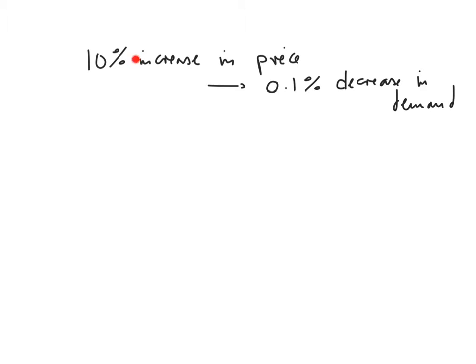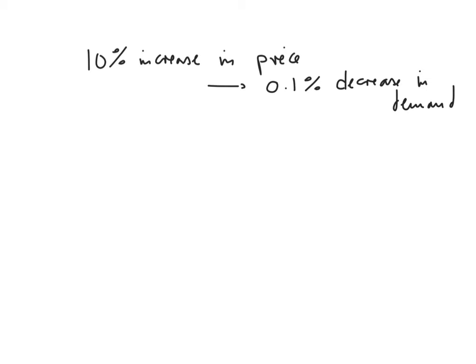Correspondingly, if you decrease price by 10%, you don't get much out of it in terms of revenue because you don't increase demand accordingly. So if you decrease price, you would increase demand, but the decrease in price does not cause a big increase in demand. So that's why if prices are inelastic, you can raise revenue by increasing prices.